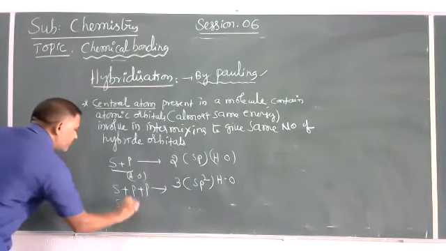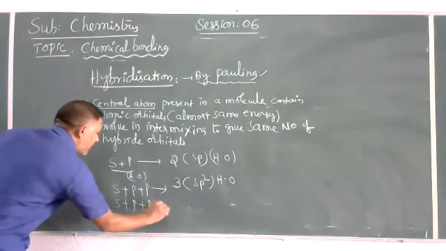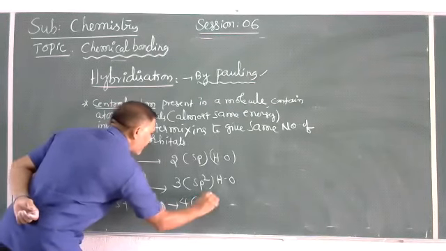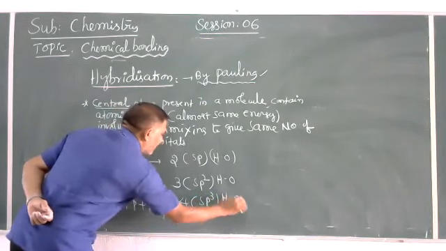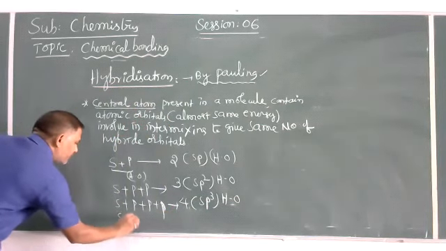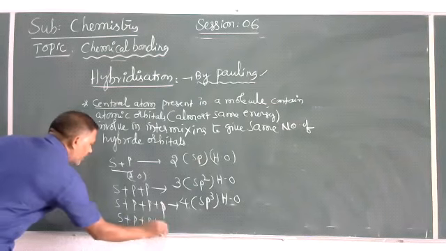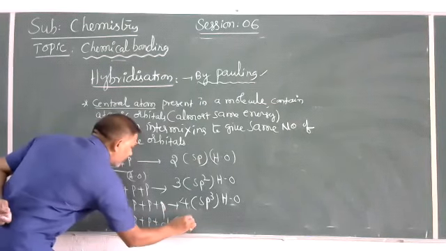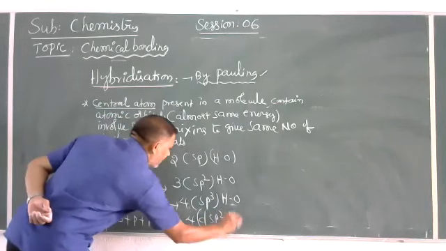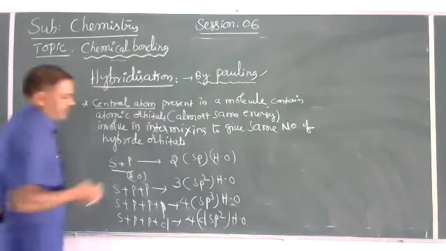With one s and three p orbitals, it gives 4 sp3 hybrid orbitals. With one s, two p, and one d, we get 4 dsp2 hybrid orbitals, and so on.